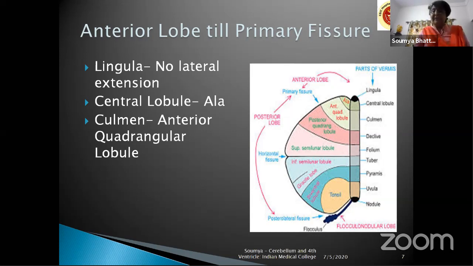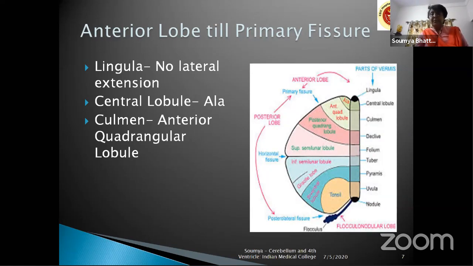Now, you have to remember the diagrammatic representation of the parts of vermis and the corresponding parts on the cerebellar hemisphere. Just remembering and naming them won't suffice, because you have to color the parts of the vermis and put corresponding colors on the corresponding cerebellar hemispherical portions.